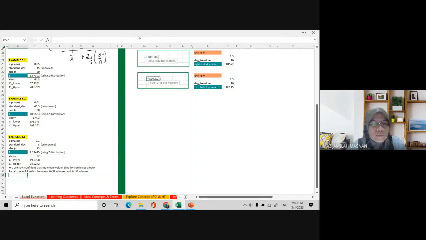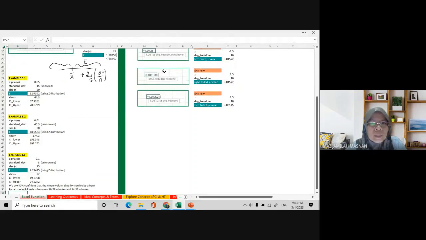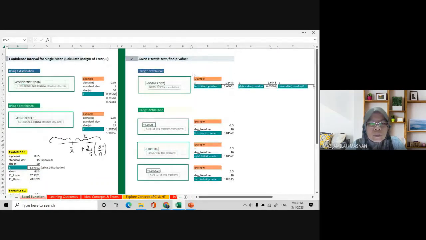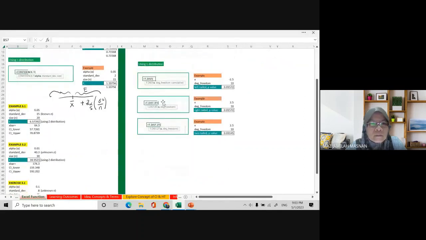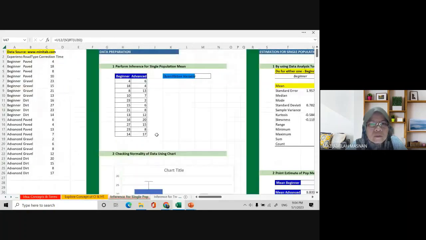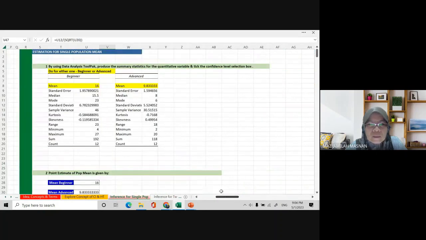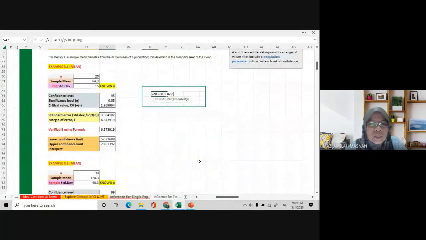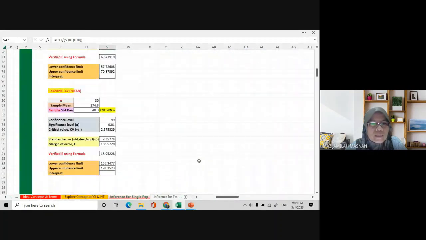Now, what about the proportion? Okay, let's do it for the proportion. I think I have done something on the proportion, but the example in your Excel sheet is referring to the data that we have done.